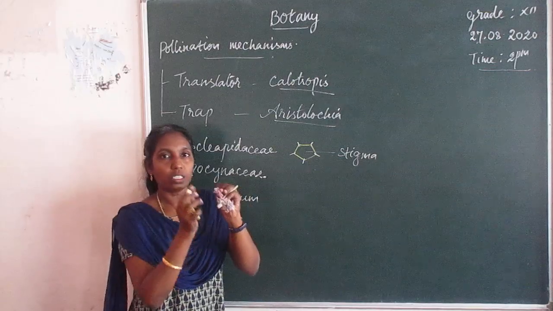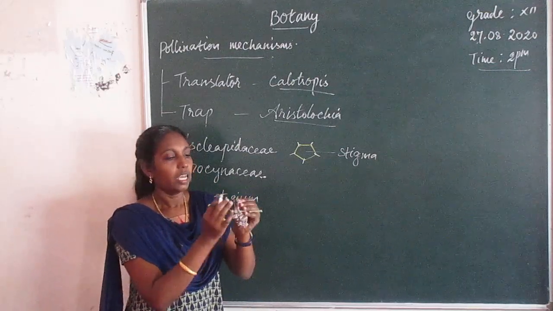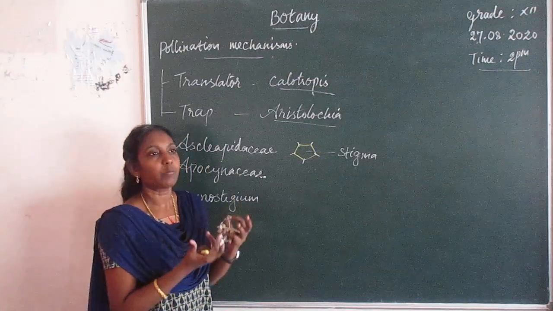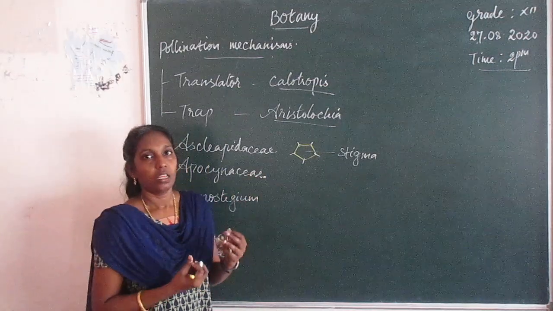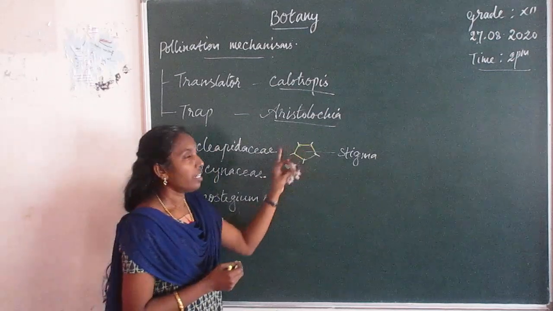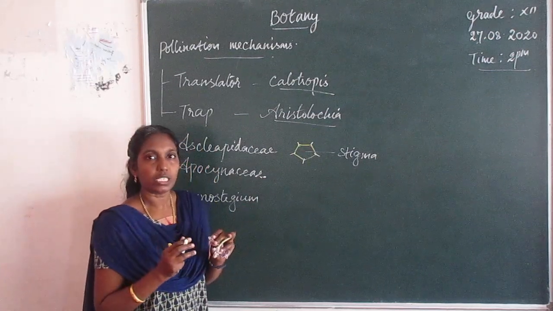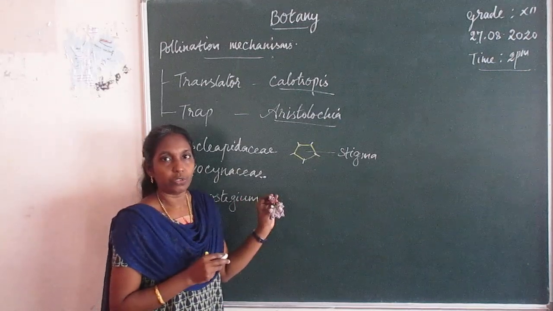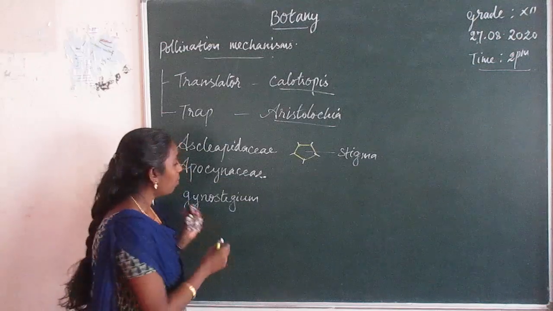Beneath the large stigmatic surface, it is of the receptive type, it receives the pollen. And each androecium which produces stamens, the pollen grains are produced in the form of pollinium.